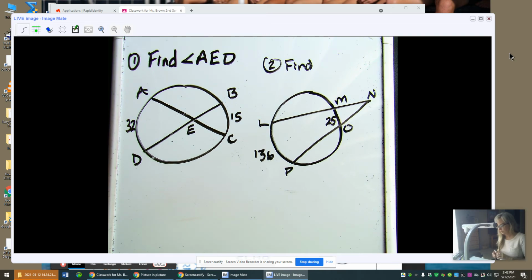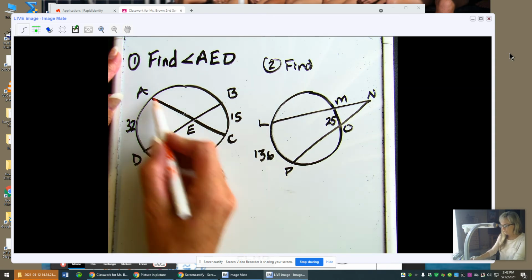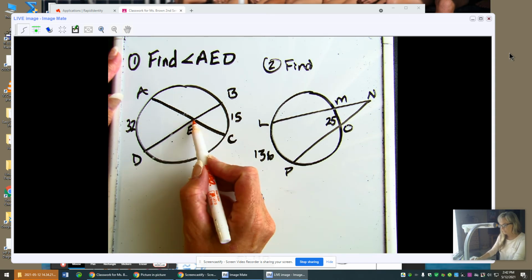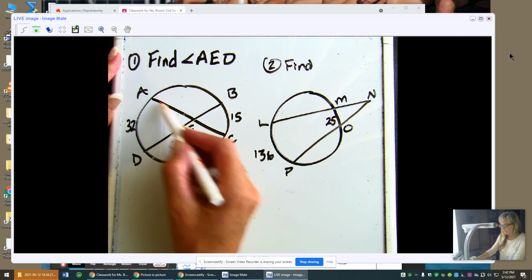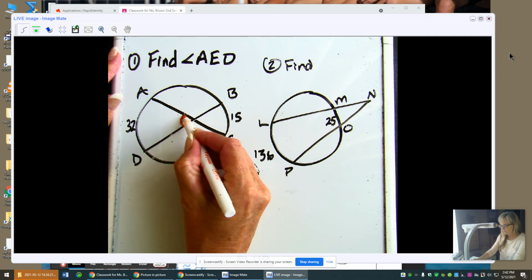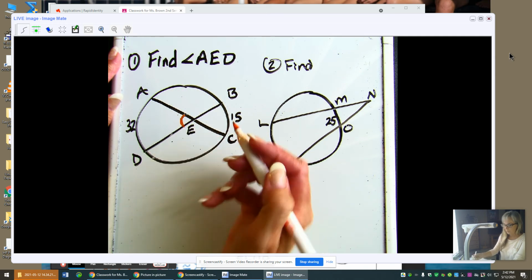These are review problems from the last two sections we did. So we have two chords that intersect, we've got an angle inside the circle. They want to find angle AED. AED is right here. That's our question. And there's a formula for that.